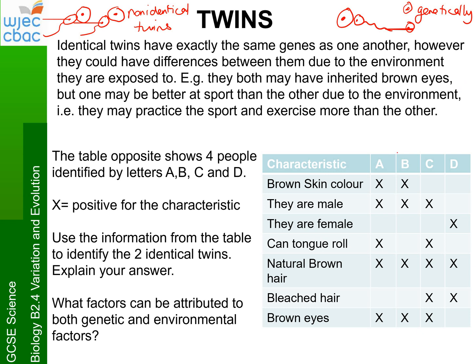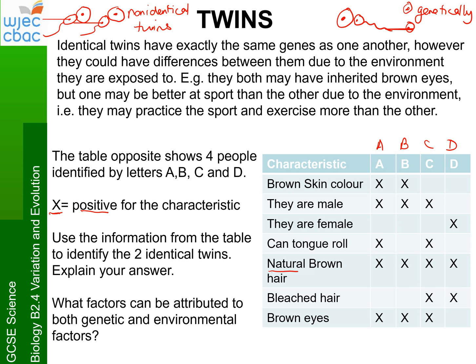So we've got 4 imaginary people here. The people, we're going to call them A, B, C and D. In our little table here, the X in the key means that it's positive for the characteristic. So the kinds of characteristics or features that I want you to look at are things like brown skin colour, the gender of the person, whether they're male or female, the ability to roll their tongue, whether they have natural brown hair, bleached hair or brown eyes.